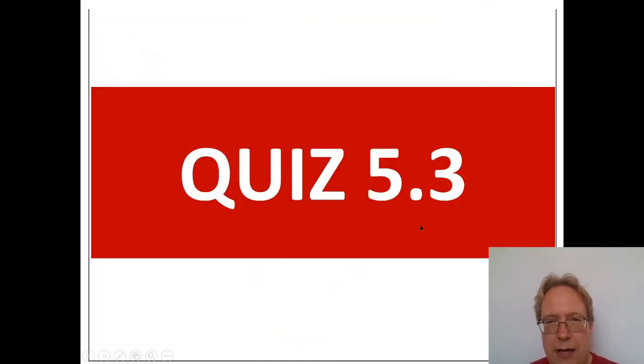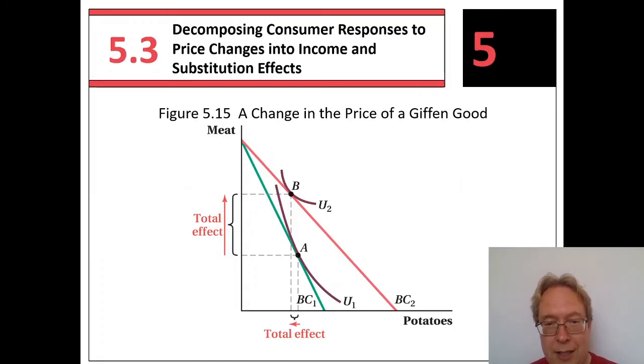That is a theoretical possibility. So what does that mean? That means that we have a substitution effect. That's not drawn here, but as always, the substitution effect from a price decrease has to be positive. But we have an income effect, and the income effect is even bigger in absolute value than the substitution effect, which implies that the total effect is negative.